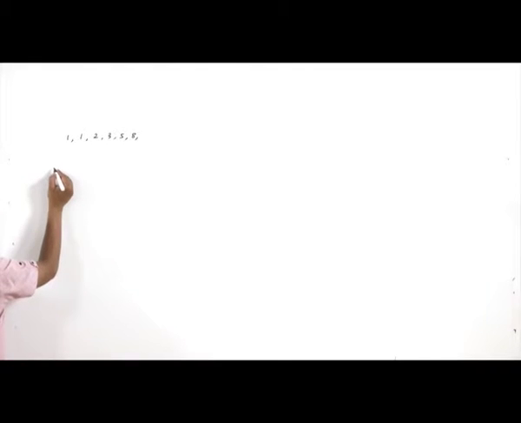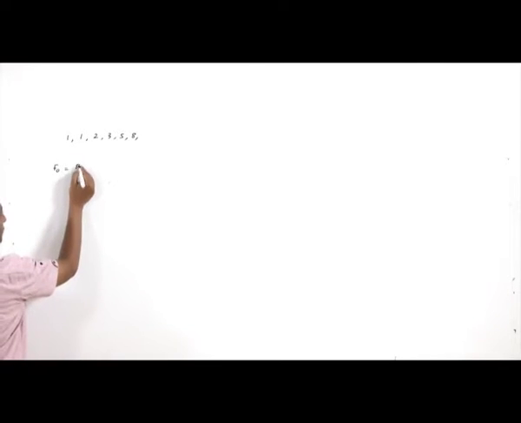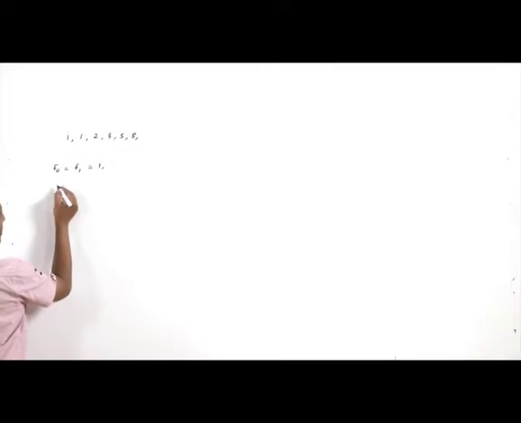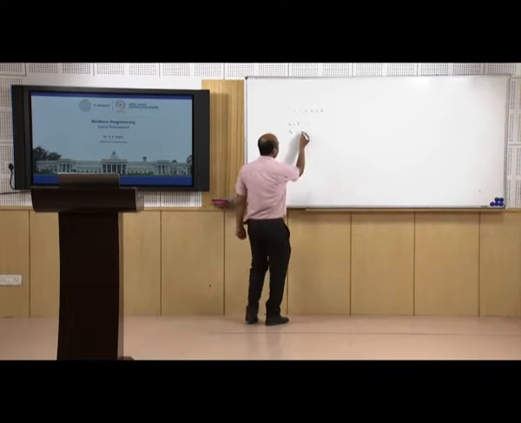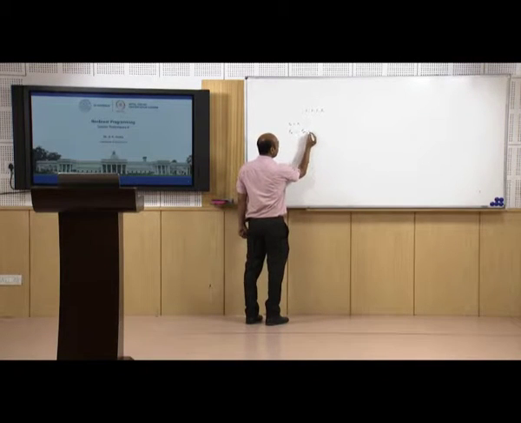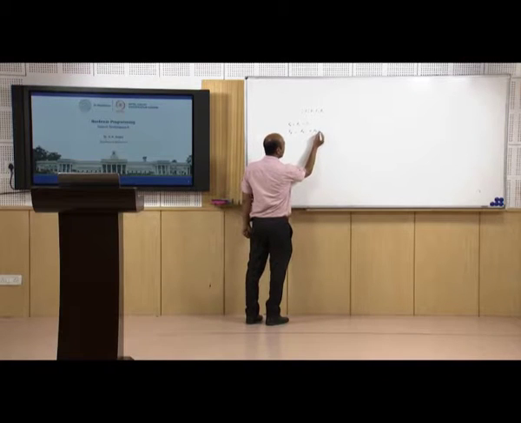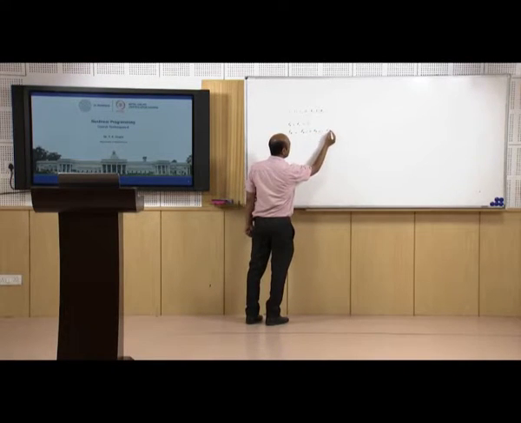That means, in the Fibonacci series the first term is f0 and the second term is f1, which are 1, and any kth term is simply the sum of the two previous terms, that is fk minus 1 plus fk minus 2, where k is greater than or equal to 2.